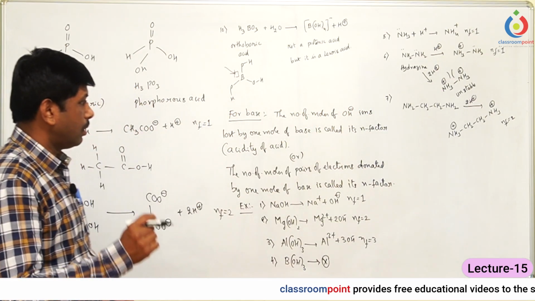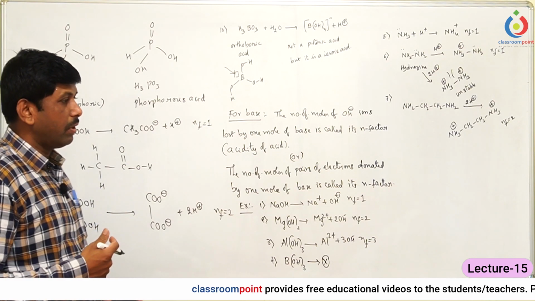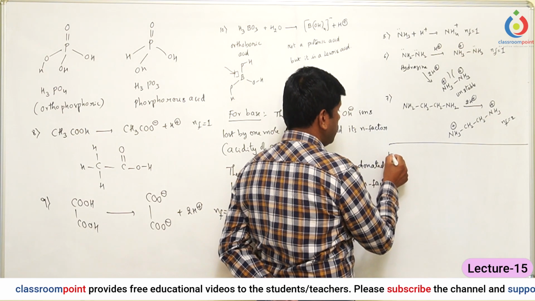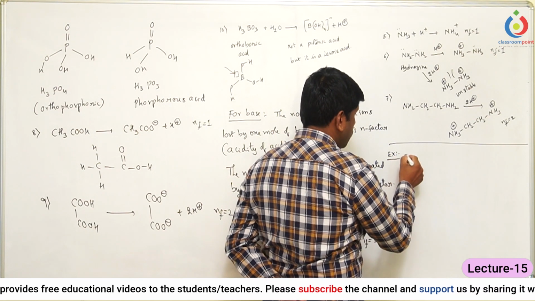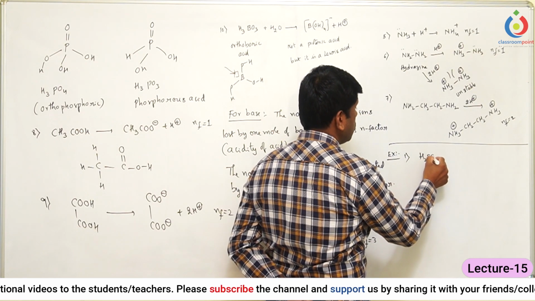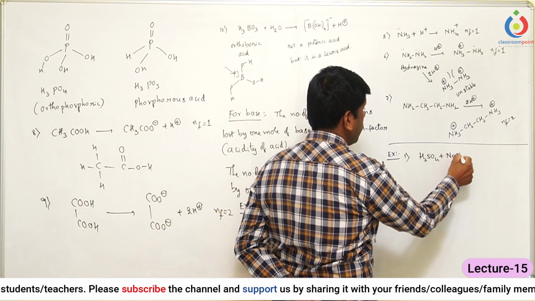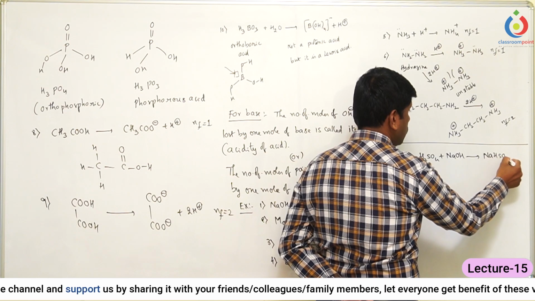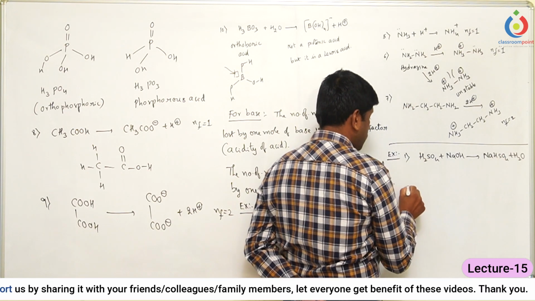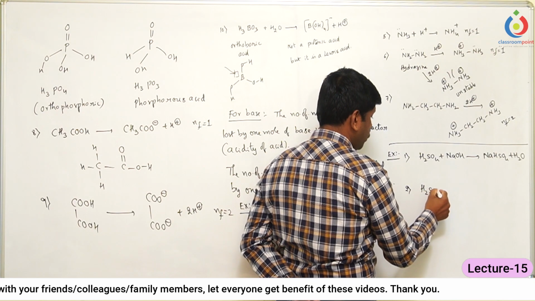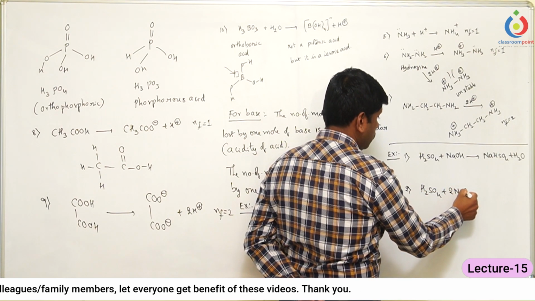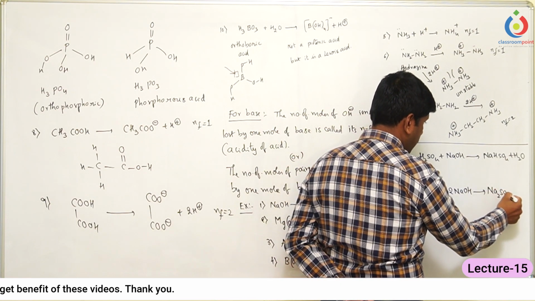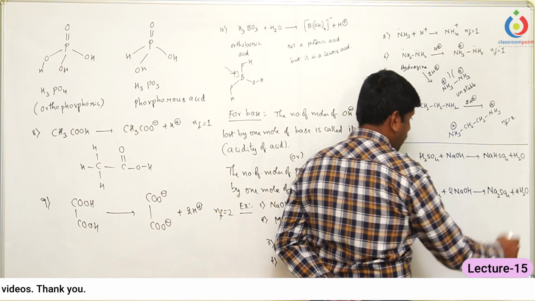Let us try to see some small questions and how the N factor value depends here. So here I shall take an example. H2SO4 reacts with 1 mole of NaOH giving NaHSO4 plus H2O, and similarly H2SO4 reacts with 2 moles of NaOH giving Na2SO4 and 2H2O.